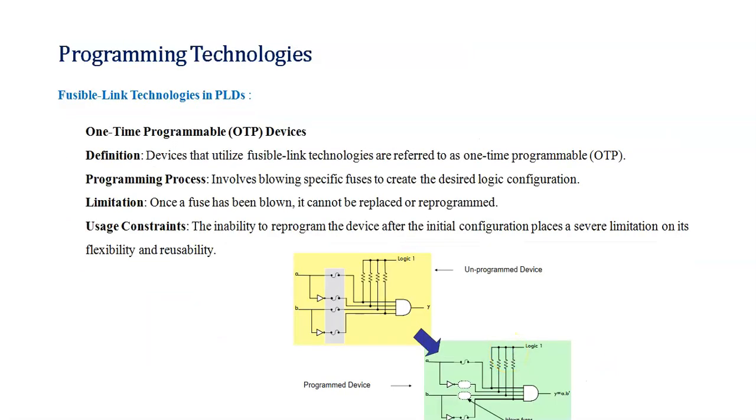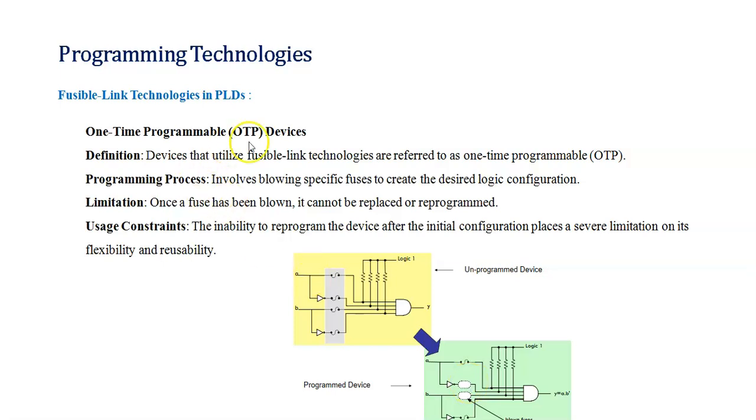Moving towards the programming technology. The first technology is fusible link technology. The meaning of that is it's the normal fuse that you know. So connections are already built over there. The fuse is intact, and whenever you want to program the device, you need to blow that fuse. Whenever you blow that fuse, the connection will be removed.